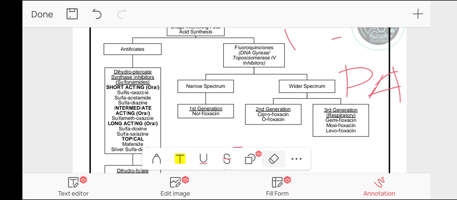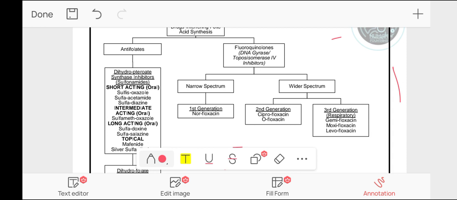What are their resistance mechanisms? For sulfonamides, resistance can be plasmid mediated or chromosomal mediated, mainly plasmid mediated. The first mechanism is decreased intracellular accumulation of the drug.